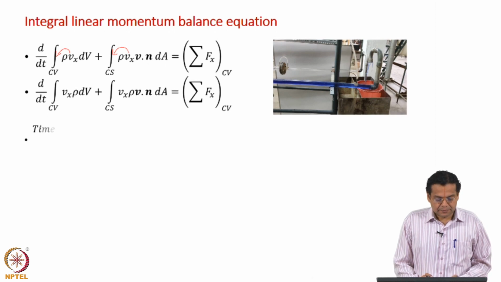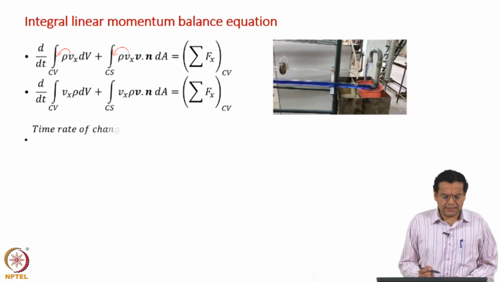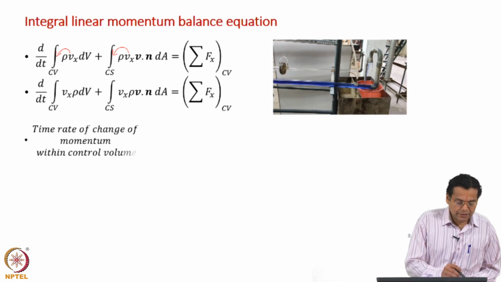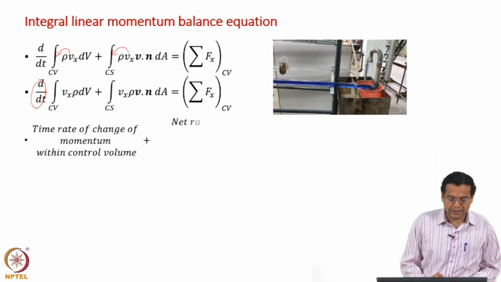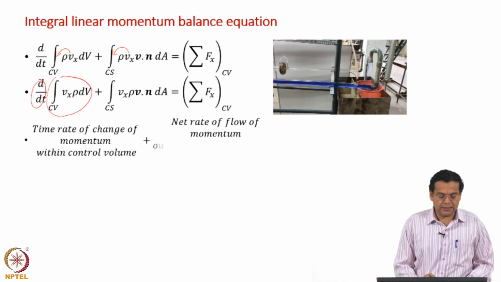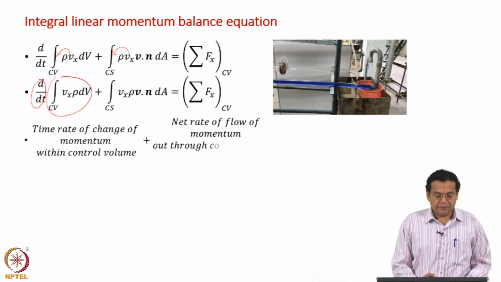Now, the first term is a transient term. It is the time rate of change of momentum within the control volume. We have d by dt here, so time rate of change, and the integral term represents the momentum within the control volume.